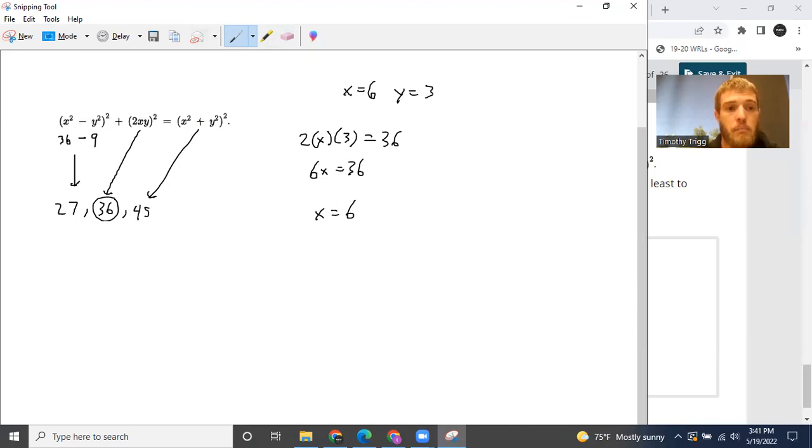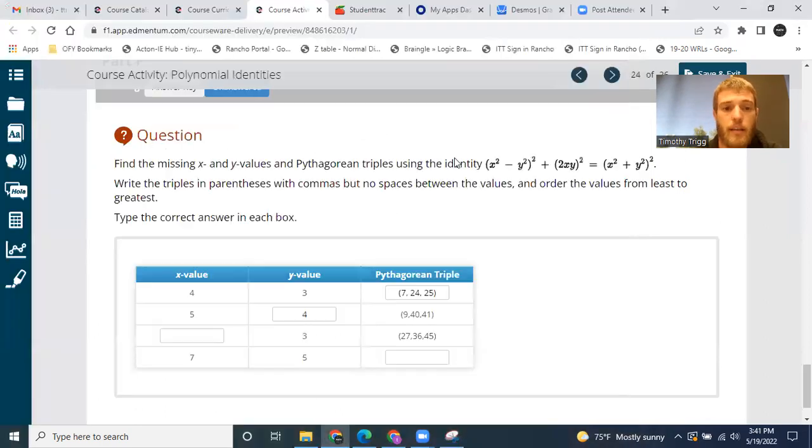Similarly, 36 plus 9 gives us the 45. So we know that if the y value is 3, the x value is 6, which will give us these 3 side lengths. And I allowed you to do that one on your own. You could look at the example of the 4-3 example here.